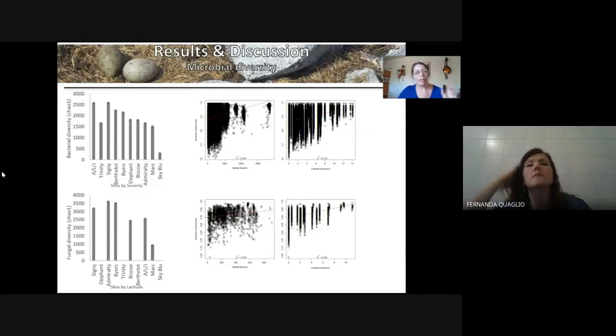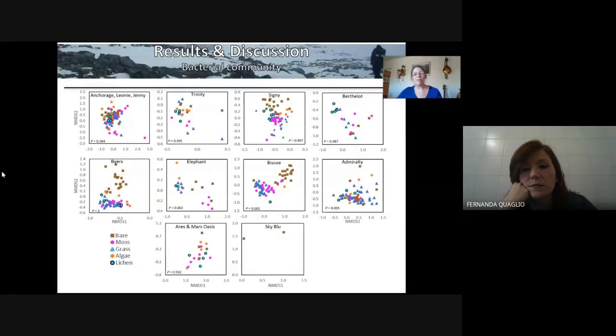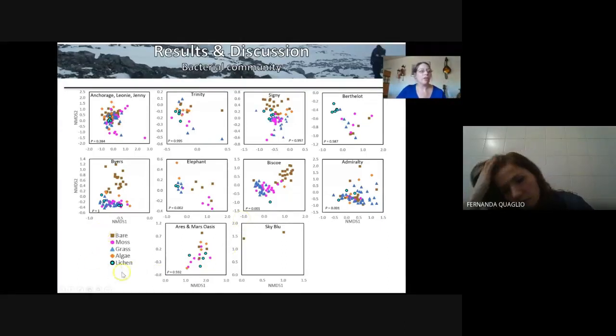What about that relationship with plant community? Bacterial communities differ according to the plant community that's growing above them. But what's most interesting is the relationship to plant communities as habitat severity increases. These are results of an NMDS of the bacterial community composition depicted according to cover type, and the sites are listed from least severe to most severe.